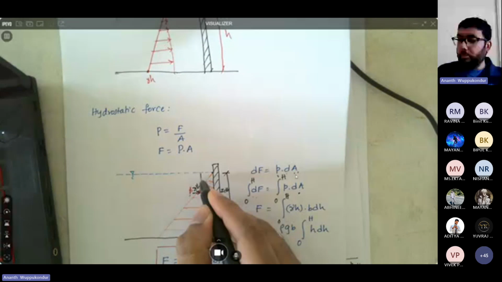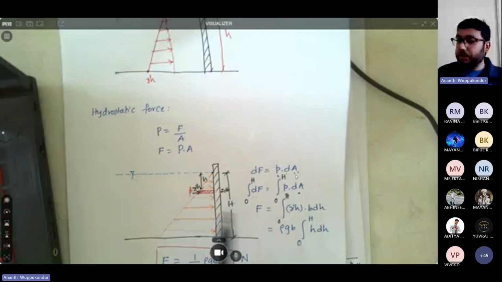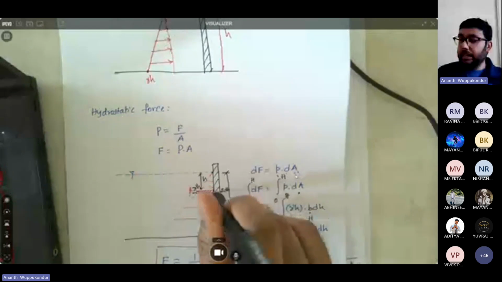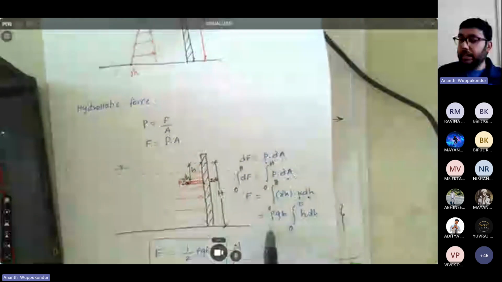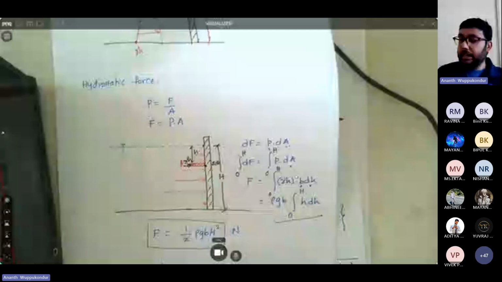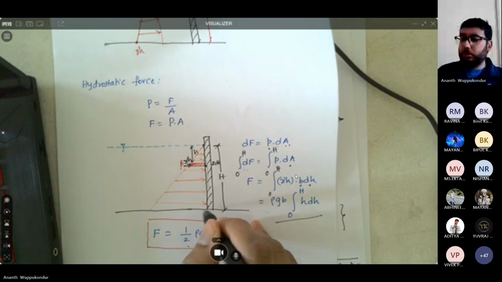And then the height of this small elemental area is dh. So the area would be the width into the paper multiplied by dh, so that is b dh. If you just integrate this, you would get the force acting on the total wall as half rho g h squared multiplied by the width of the wall into the paper.